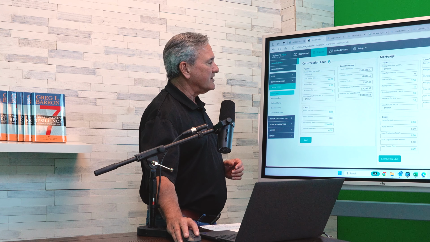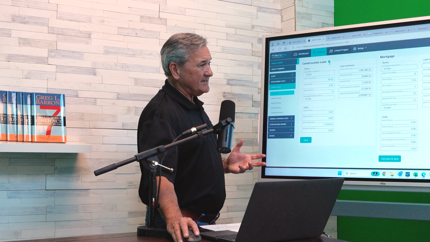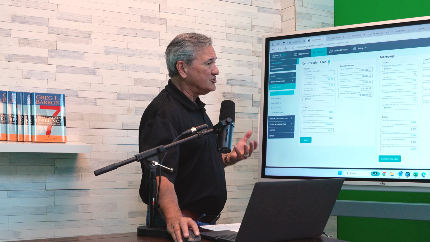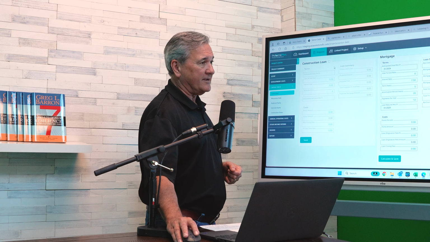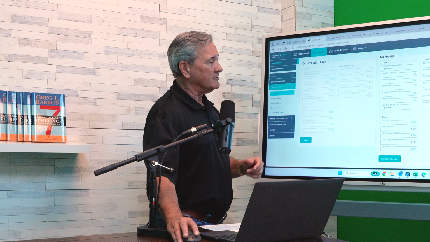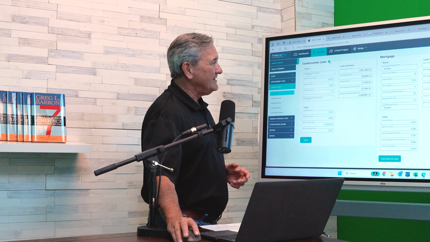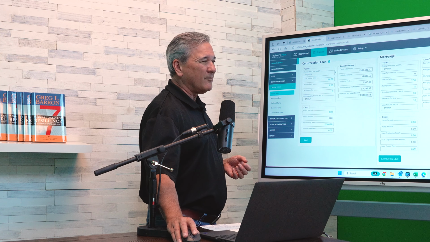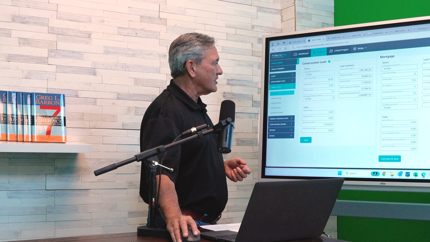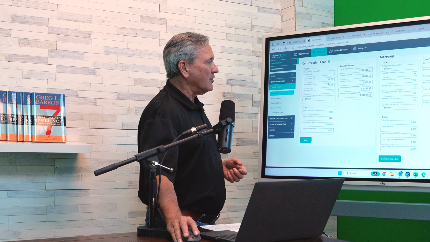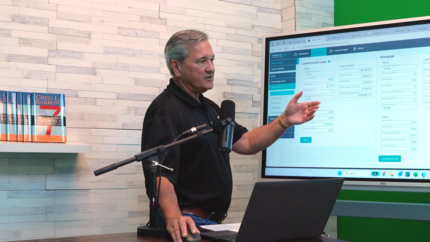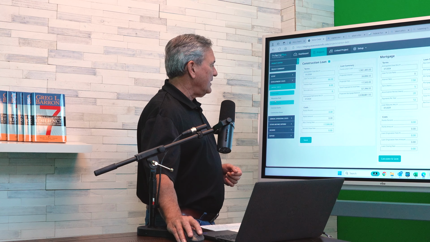So in this particular application, if I didn't have a construction loan, if it was just an acquisition, I would just turn off this feature right here and it would go straight into your long-term mortgage. But this one, I've got somewhere in the 10 to 12 months to do some value add construction. So it actually figures a construction loan before it hits stabilization into a long-term mortgage.